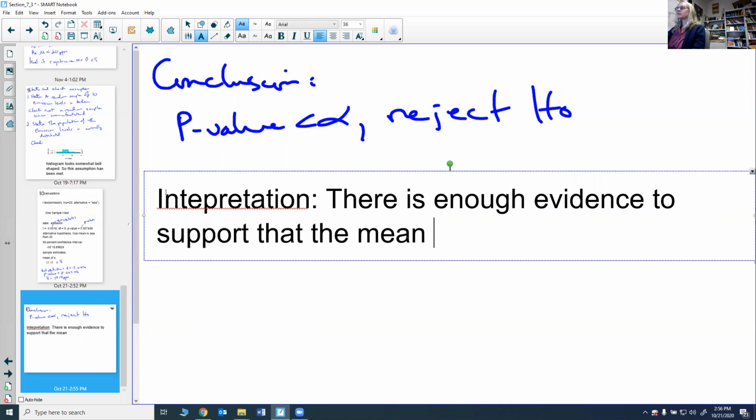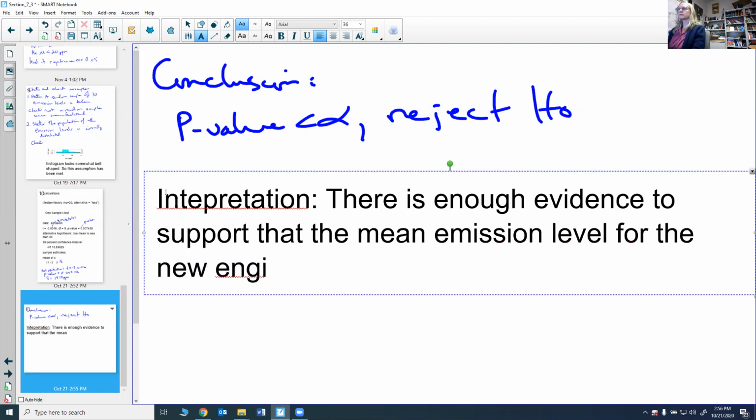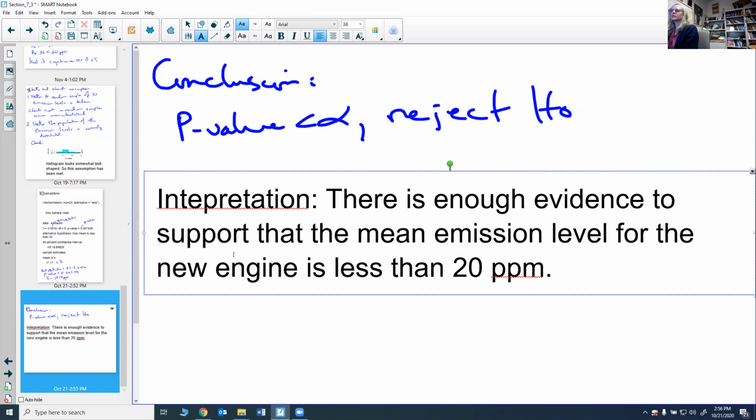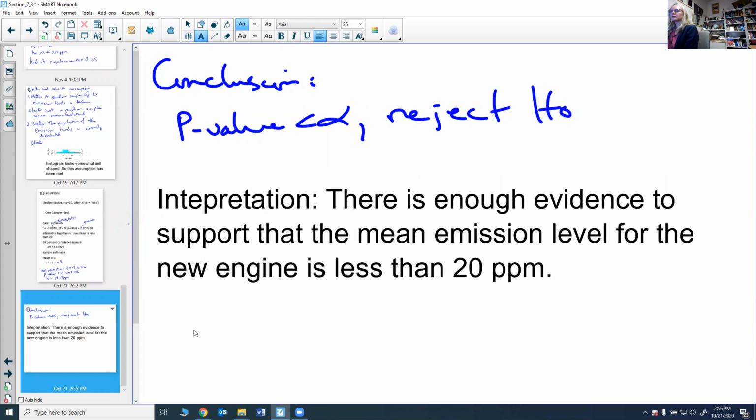And so there's enough evidence to support that the mean emission level for the new engine is less than 20 parts per million. And great, so we have enough evidence for that, we're good, and it's all ready to go. So that's your final step, and that is the end of our hypothesis test for one sample t-test.